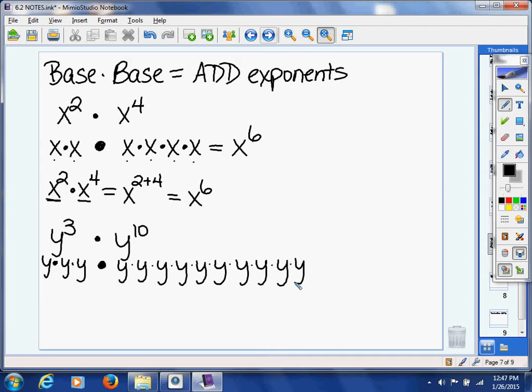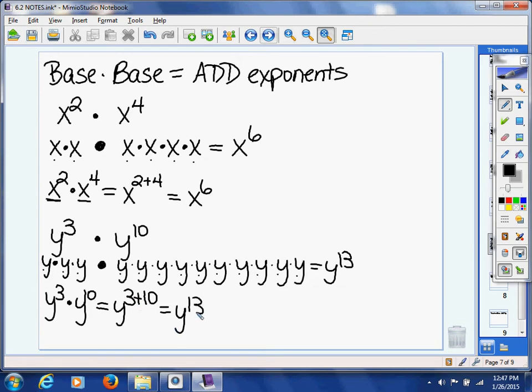Count them up. 1, 2, 3, 4, 5, 6, 7, 8, 9, 10, 11, 12, 13. So there are 13 y's being multiplied together. Or you could just do the shortcut. Hey, same base. We've got same base being multiplied together. So let's add our exponents together. And it's y to the 13.